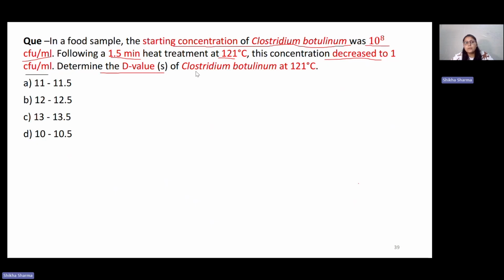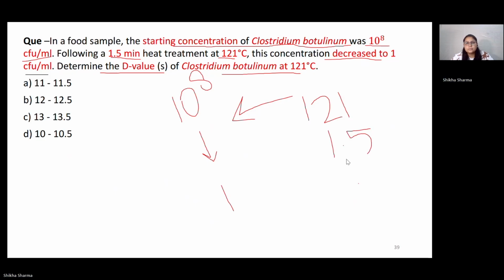We need to find the D value of Clostridium botulinum at 121 degrees Celsius.